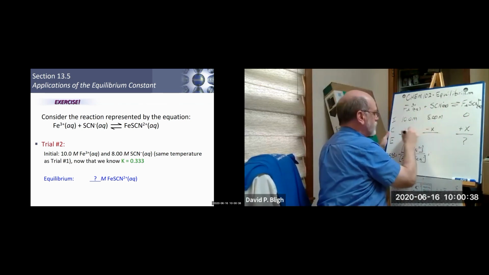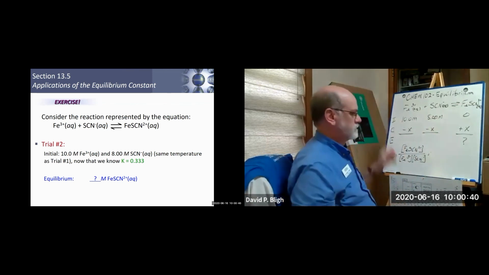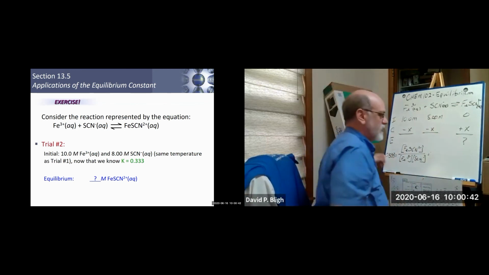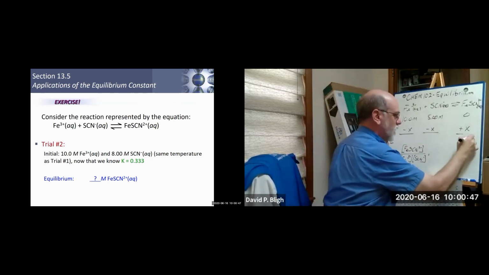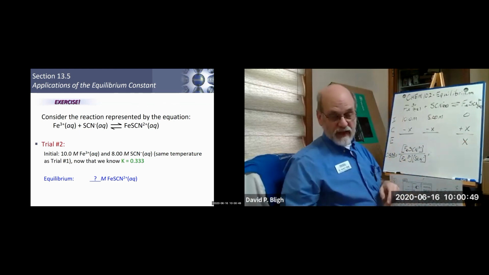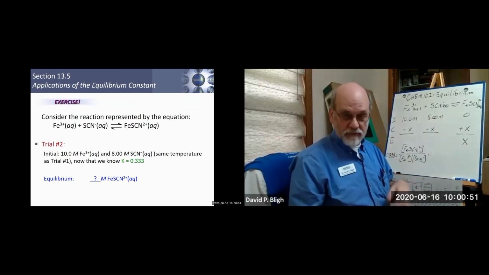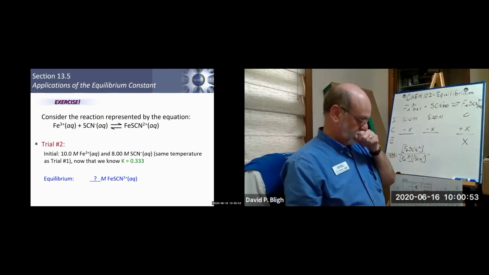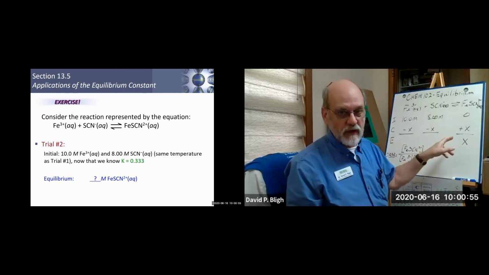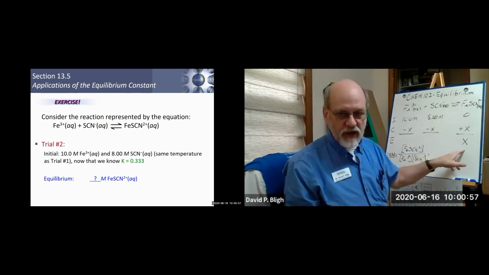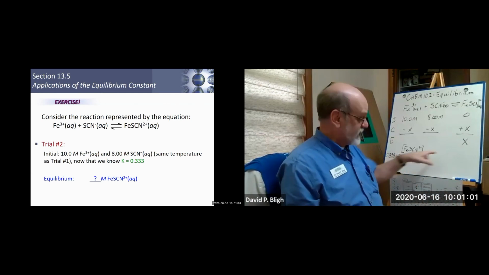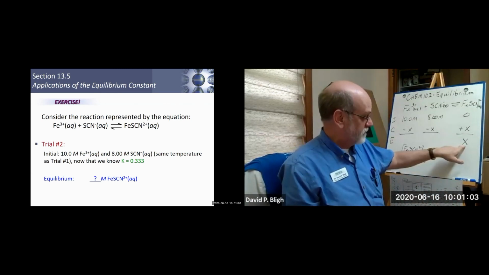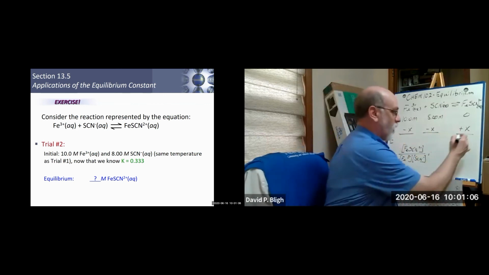Minus X here, minus X there. Okay? Now, what's our equilibrium situation? Well, we have X there, and it's important, if at all possible, to choose your unknown value so that when you solve for the unknown, that's the answer to the problem. In this case, it is. We want to know what that is, and we chose our X properly.